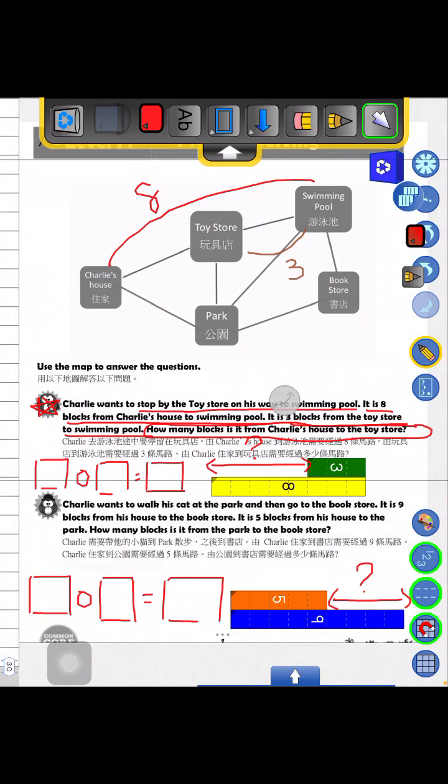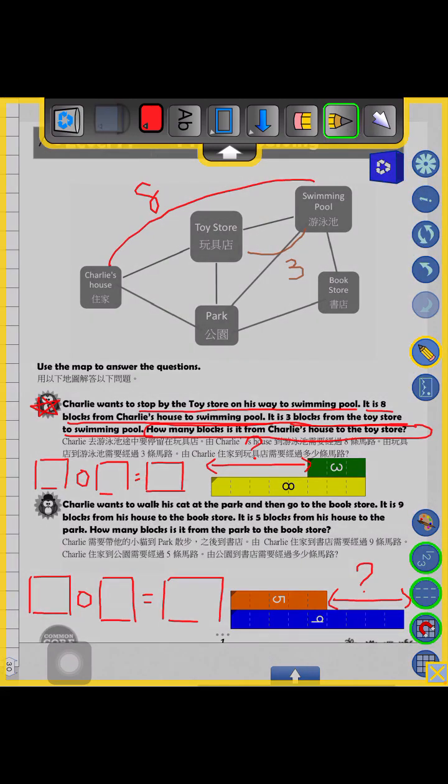Let's look at the rocks under the questions. The yellow one represents the number of blocks from Charlie's house to the swimming pool, which is 8. And the green one represents the number of blocks from toy store to swimming pool, which is 3 blocks.